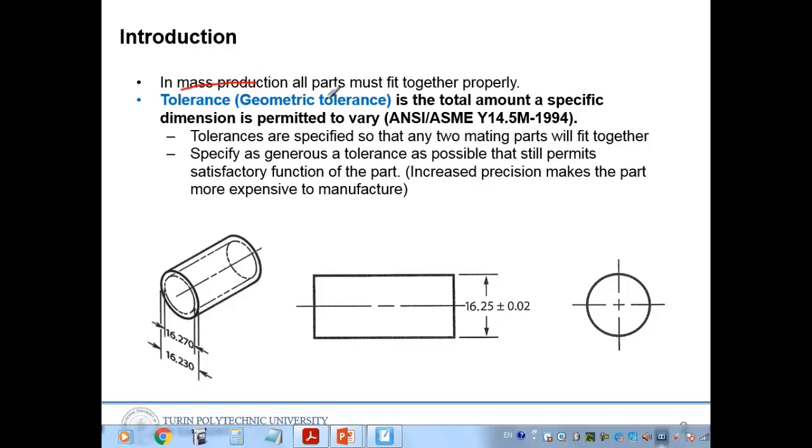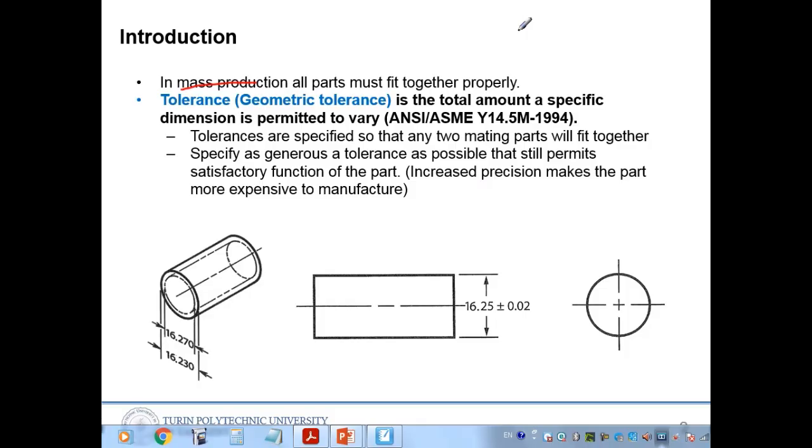Okay, so in mass production, all parts should fit together properly, otherwise you cannot assemble correctly. And also every part might be produced with some error, so those errors should be taken into account.